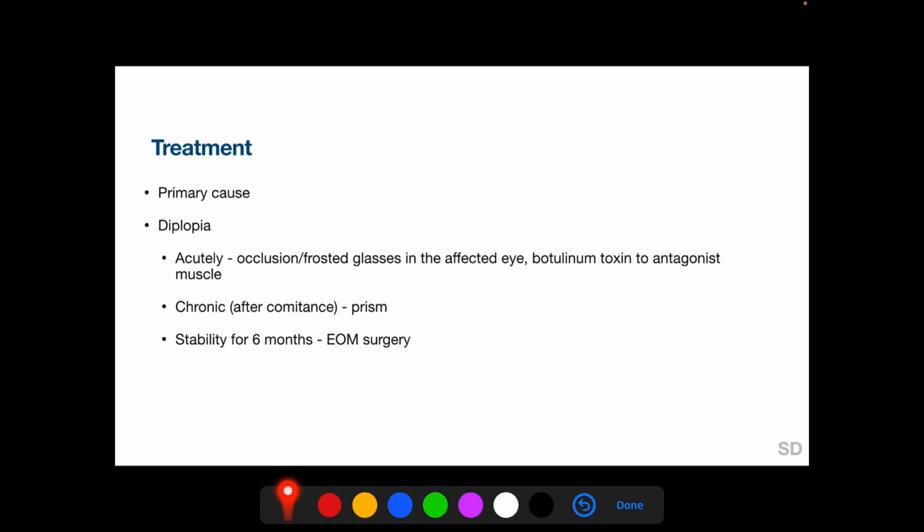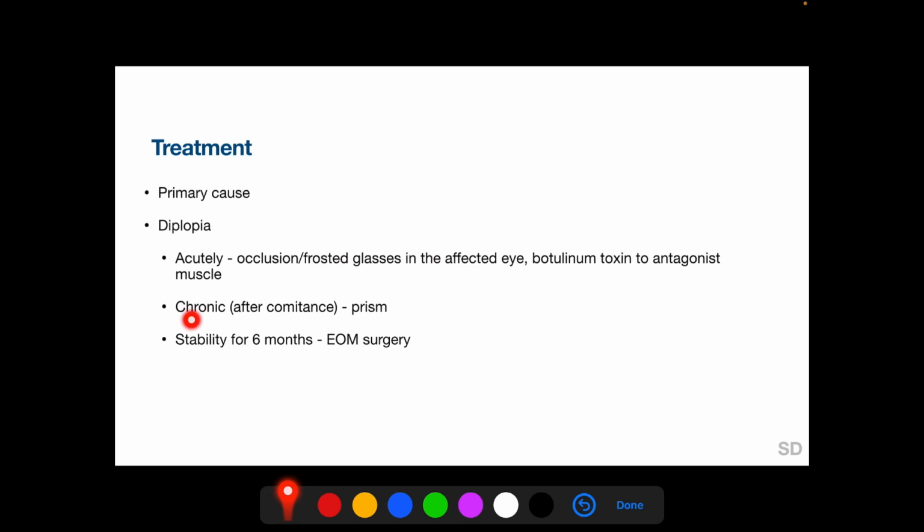Treatment of diplopia, whether arising from an ocular motor nerve lesion or from a more peripheral lesion or from a supranuclear lesion causing diplopia, includes treatment of the primary cause if possible. And then we should also manage the diplopia. Acutely we can manage the diplopia with occlusion or frosted glasses in the affected eye and botulinum toxin injection to the antagonistic muscle.